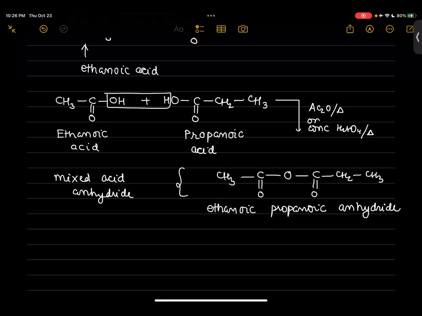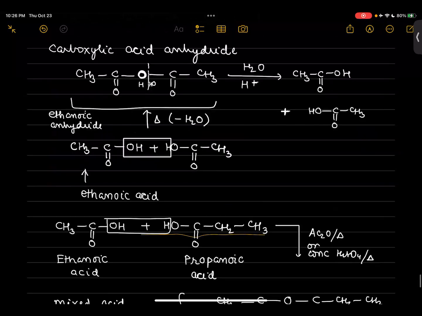So are you going to get one carboxylic acid or 2 different carboxylic acids? That depends upon your anhydride itself. Whether it is anhydride made up of just one acid, or both the parts same, then you are going to get just one carboxylic acid. Clear? 2 moles of that.